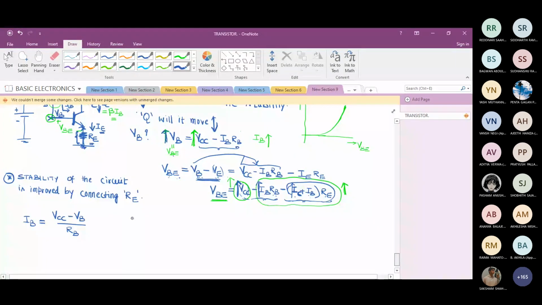I'm having some network issues, I'm at home actually. Am I audible now? Okay. So can you tell me what is the base current value, if you look at the circuit?